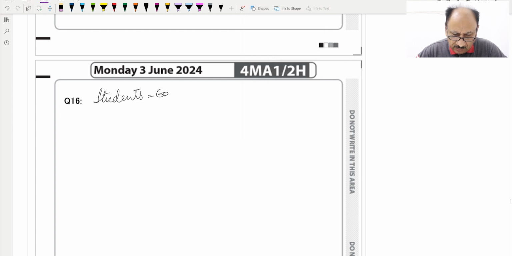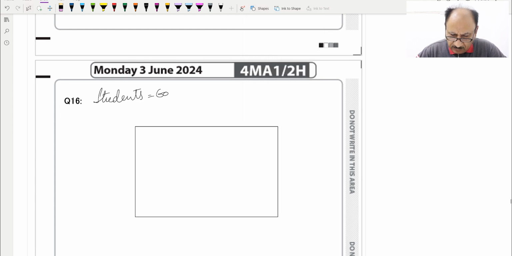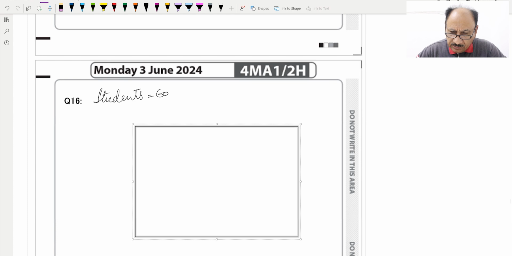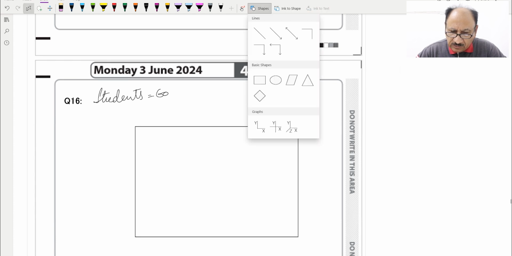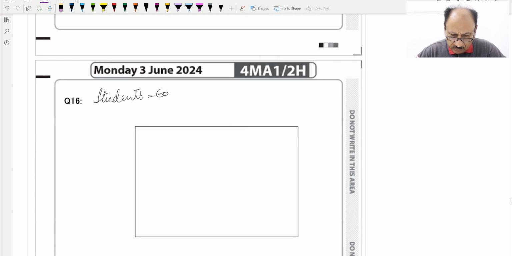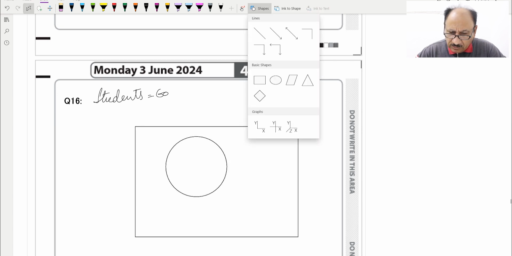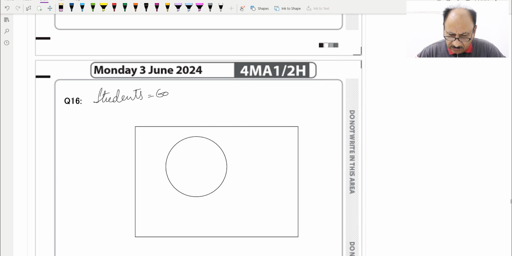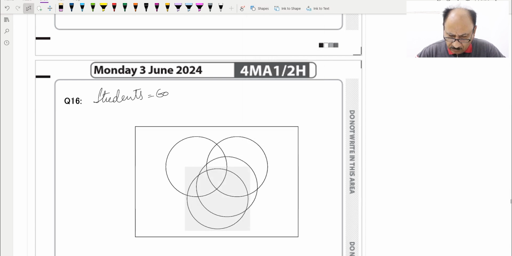There should be 3 circles in it, so we can draw one circle, similarly another circle like this one, and a third circle as well, overlapping this one. Okay, this Venn diagram is done.